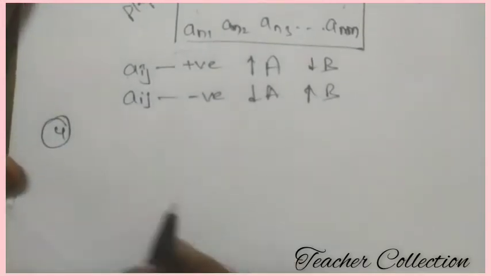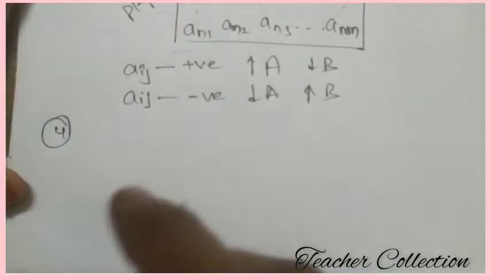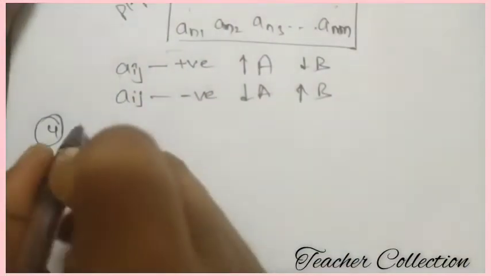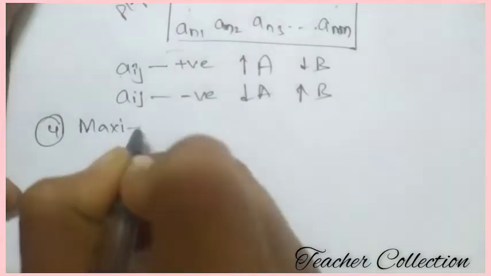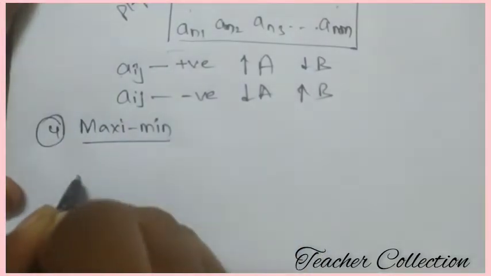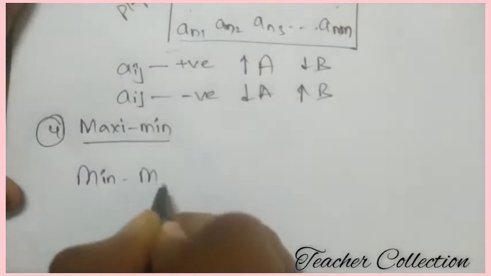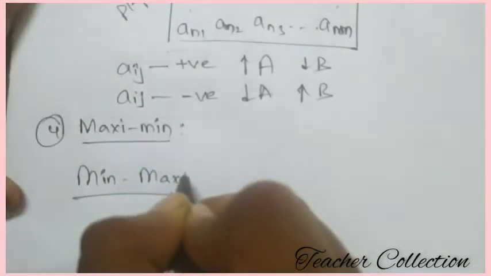Fourth one, there are two principles, maximin and min-max. Very simple.